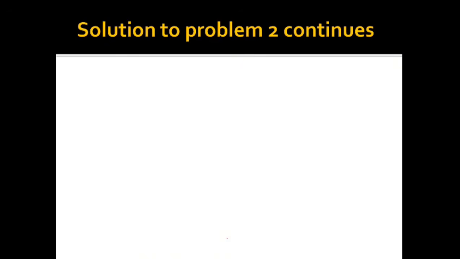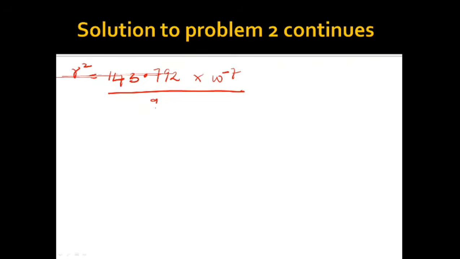Let's use the next board to conclude. So from there, we can say that R squared is equal to, if you run all the calculations we did on the first one, you will get 143.792 times 10 raised to power minus 7 divided by the force, which is 9 times 10 raised to power minus 3.